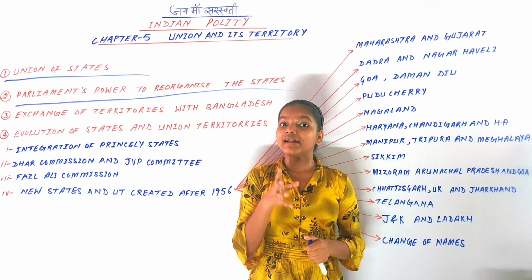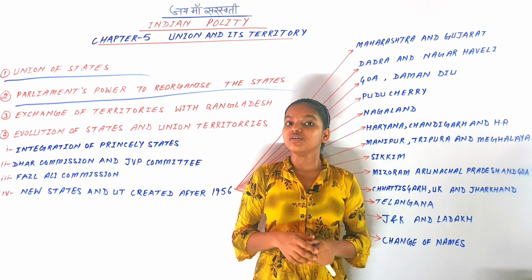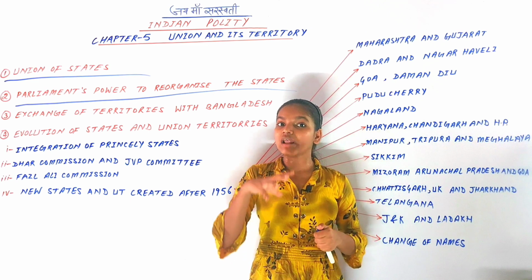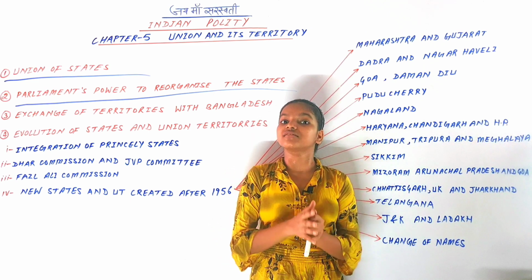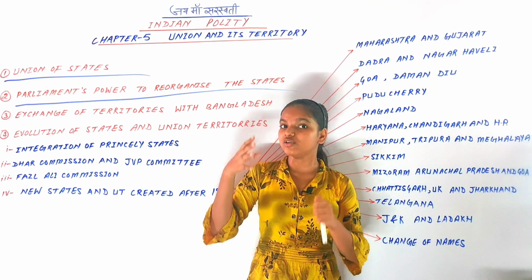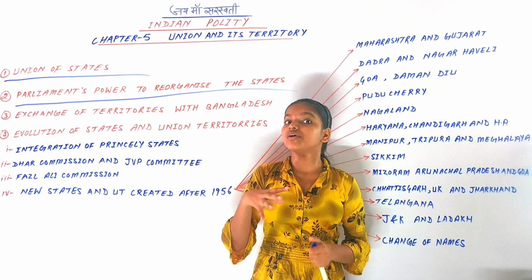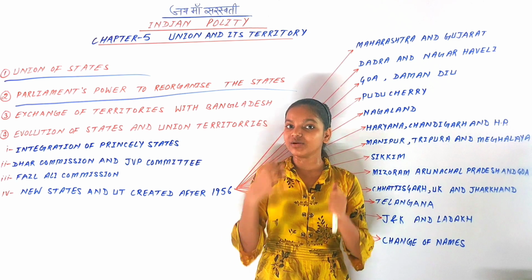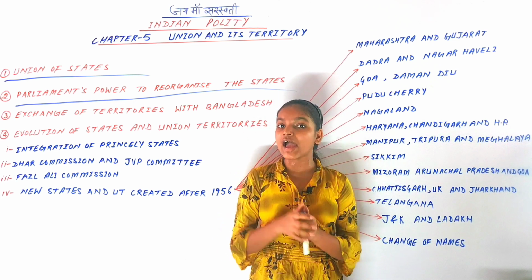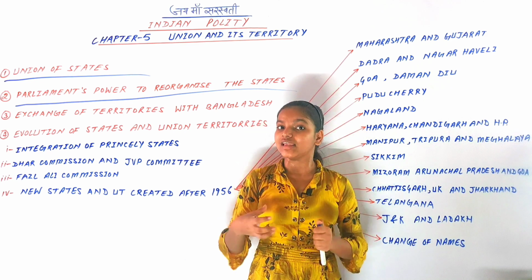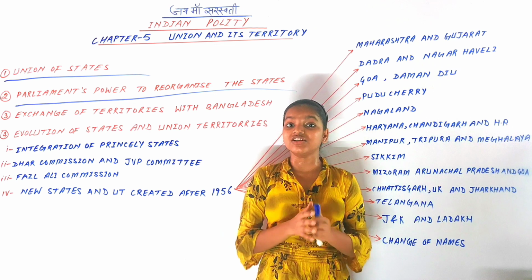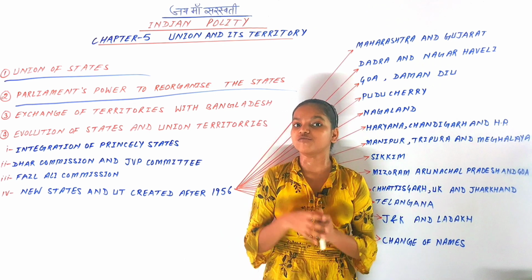That is why the Indian Constitution is known as an indestructible union with destructible states, and in the US it is an indestructible union with indestructible states, where Parliament has no right to redraw the map of that country.